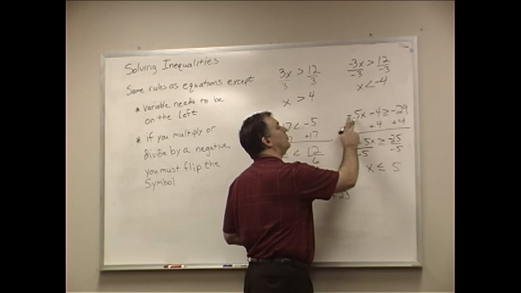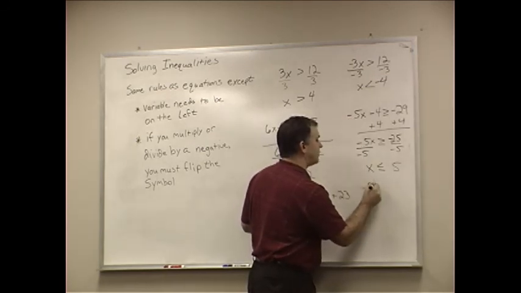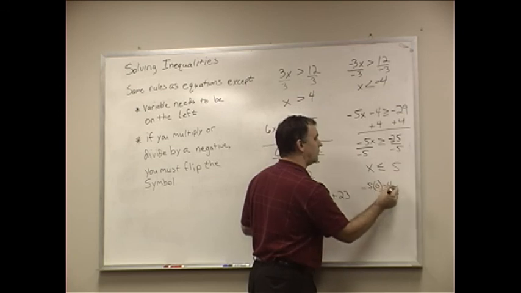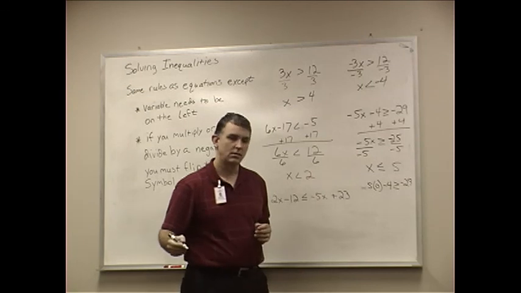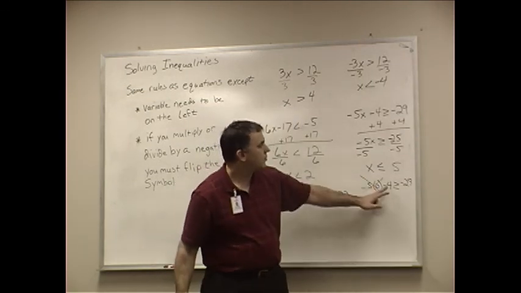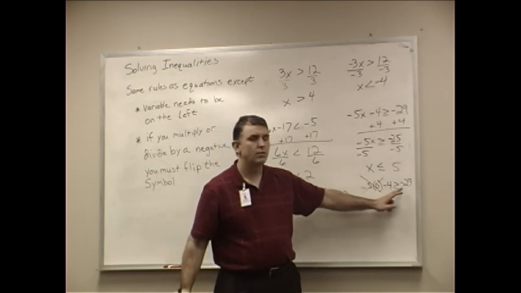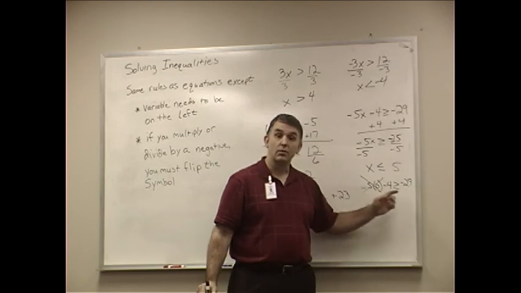If I put 0 into this, I would get negative 5 times 0 minus 4 is greater than or equal to negative 29. Anything times 0 cancels out. And I'm looking at, is negative 4 greater than or equal to negative 29? Is that true? And the answer is yes.